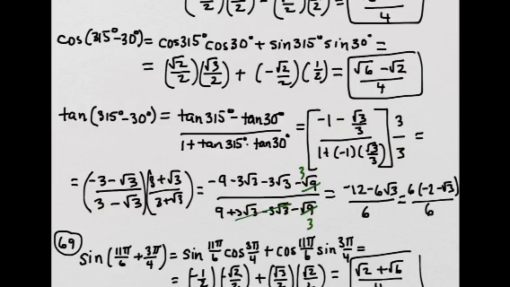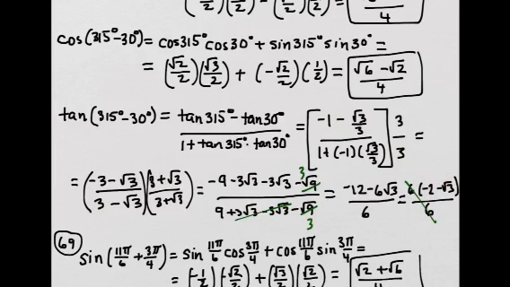Those two cancel out. So what you're left with is negative 9 minus 3, which is negative 12. And then these two combine to this. And then the 9 minus 3 is 6. I factor out a 6 from the numerator. And so now this cancels. That's a 1. And so your final answer is right here.